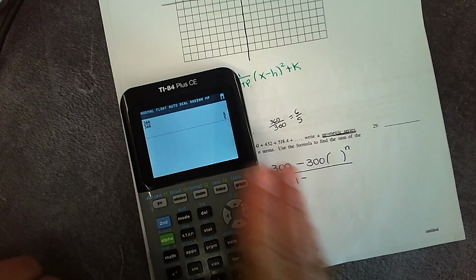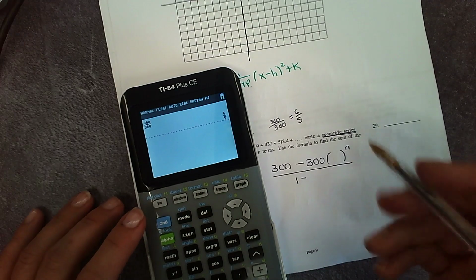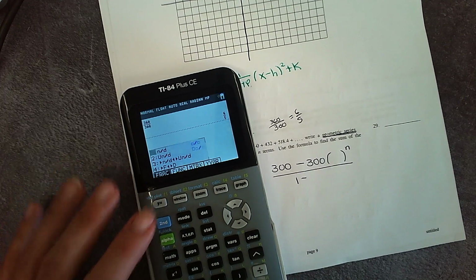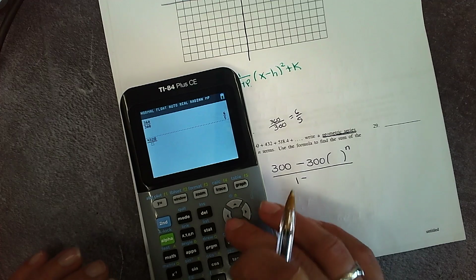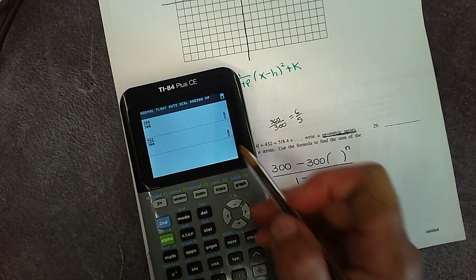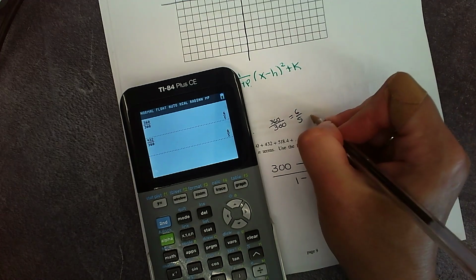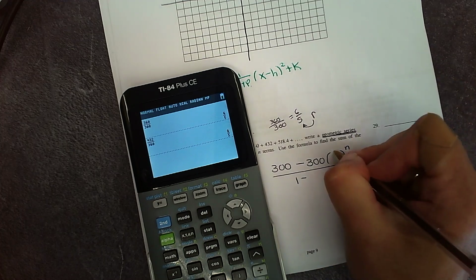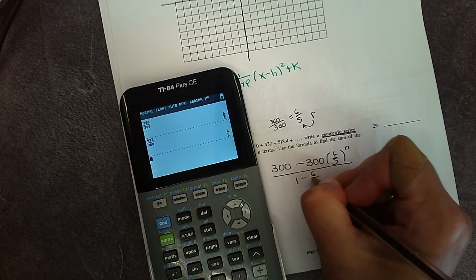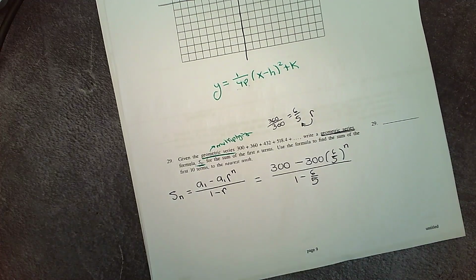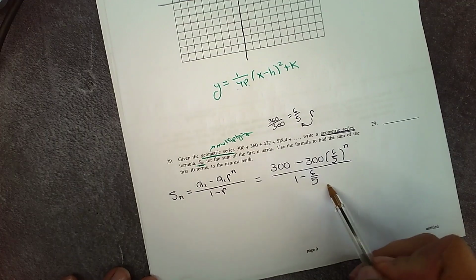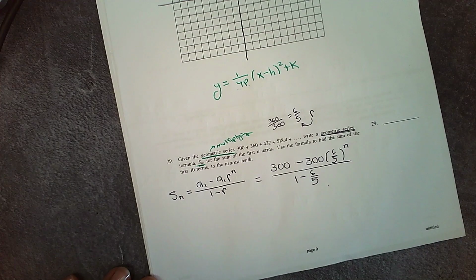Now they're telling us it's geometric, but I'm going to do a second one just to test it, right? If I do 432 over 360, hey, see, that's the r. All right, find the formula. So you get a point for that.